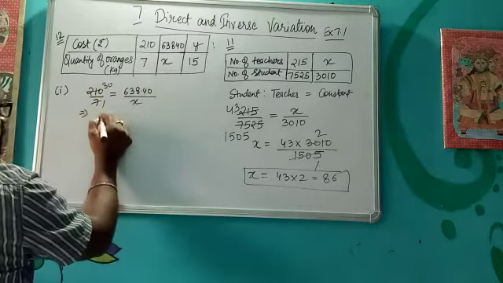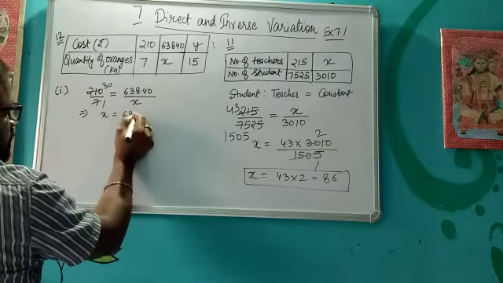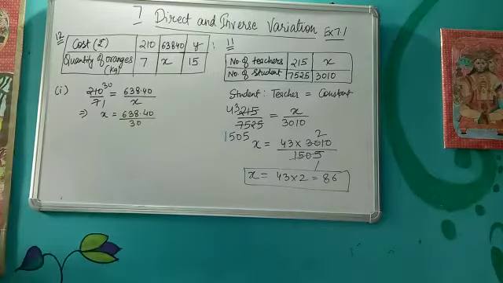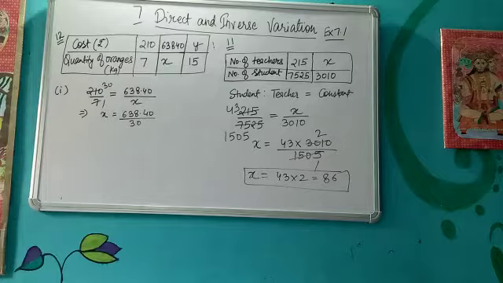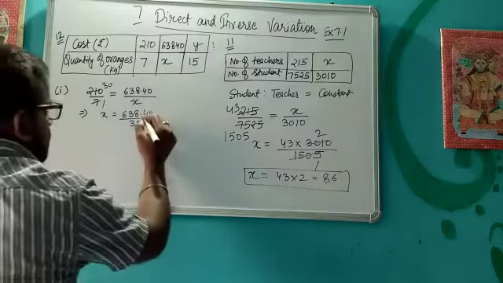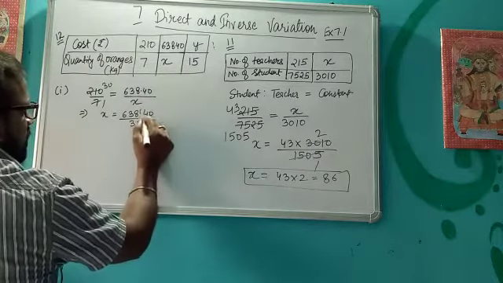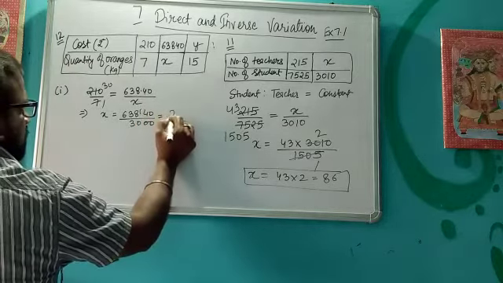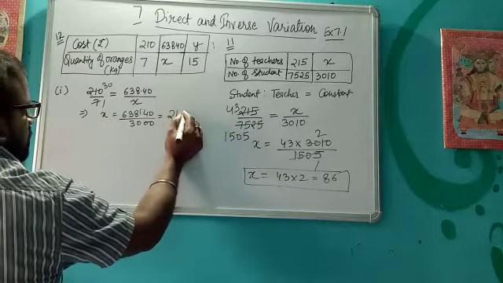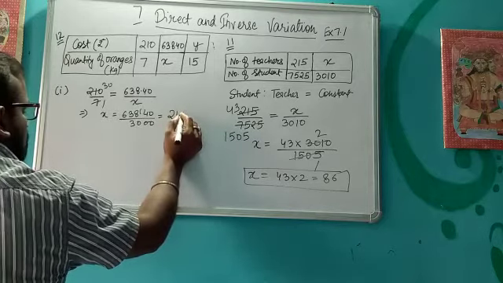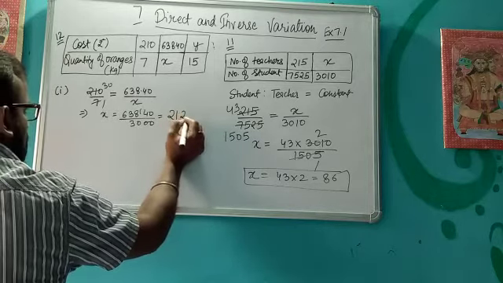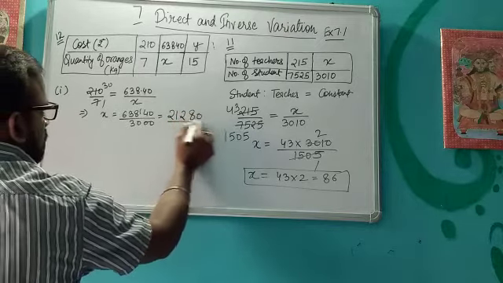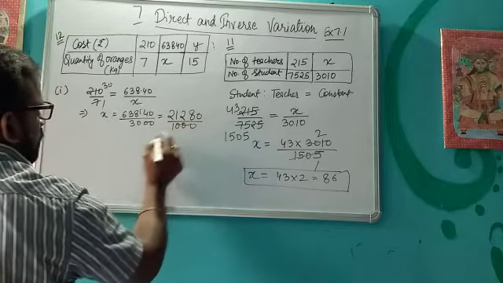So from here, what is x? 638.40 upon 30. And when we solve it, one decimal will go from here. So it will be upon 1000.